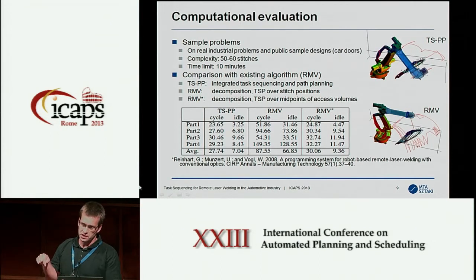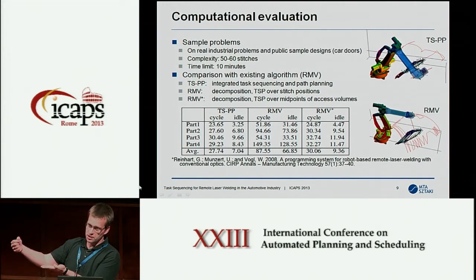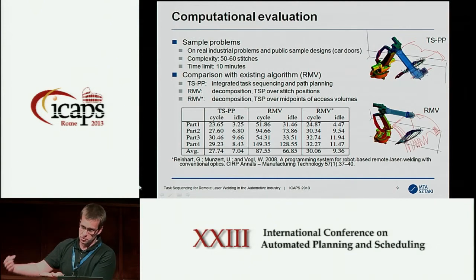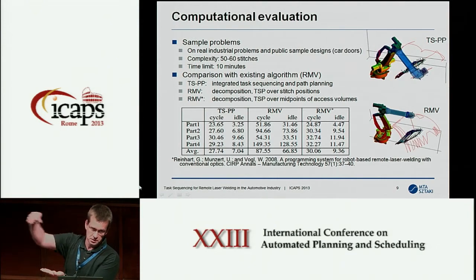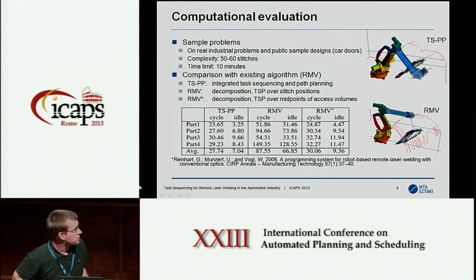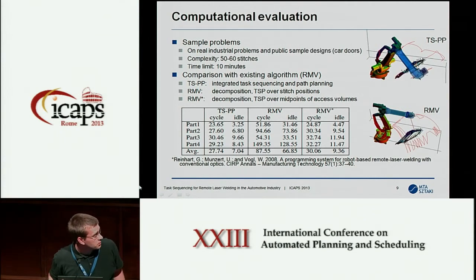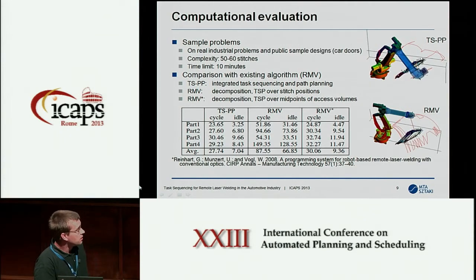because neighboring stitches can have completely different surface normals. So when moving from one stitch to a nearby stitch, it might happen that the robot scanner must move completely to the other side of the door. And this is illustrated on the figure at the bottom. So you can see the red line, which shows that the robot scanner will move in a zigzag around the door.